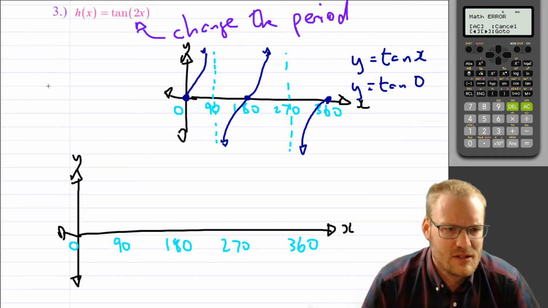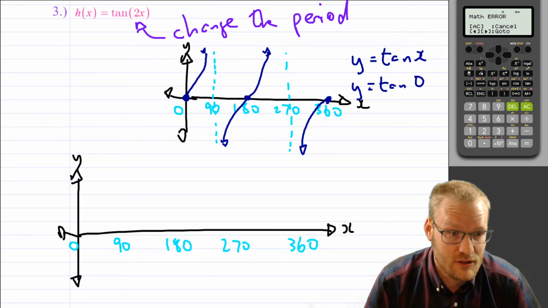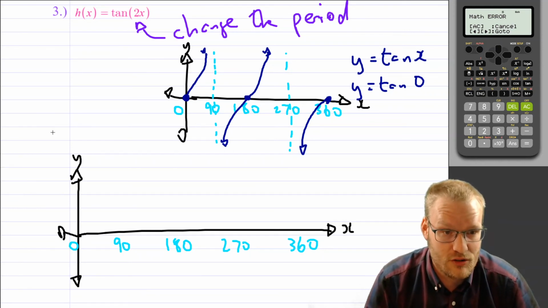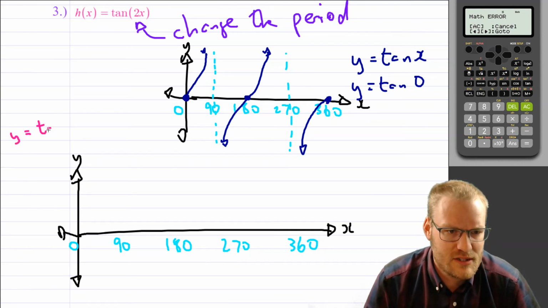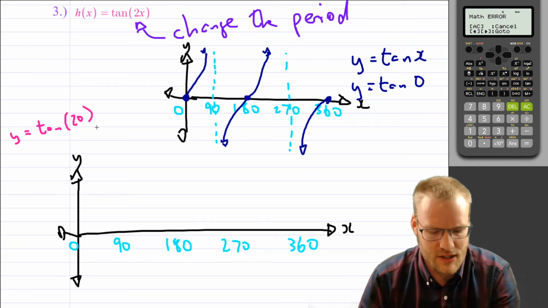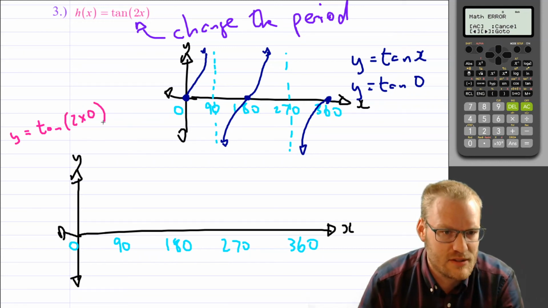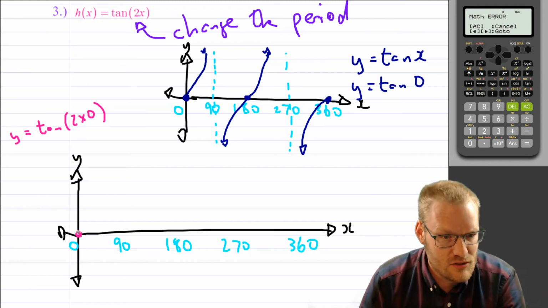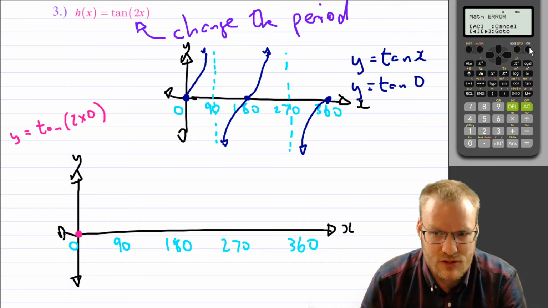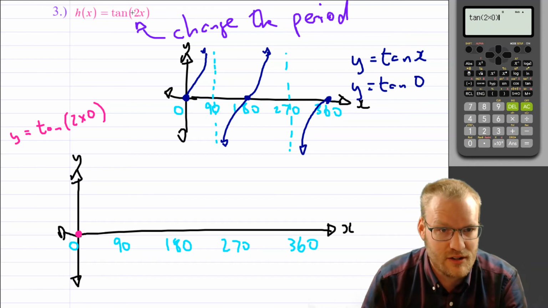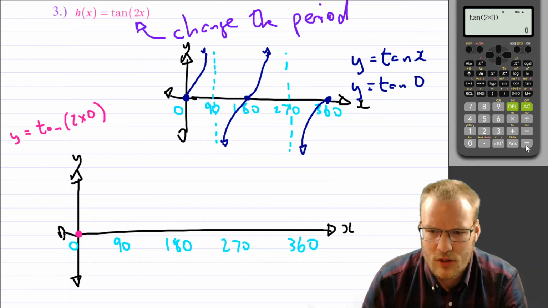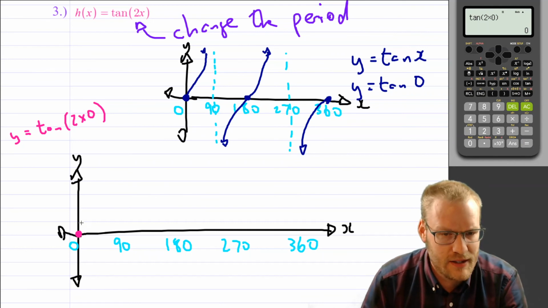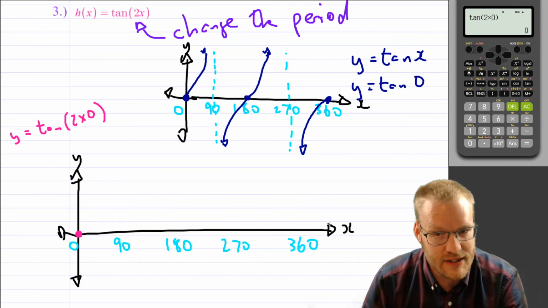So what is tan of 0? So 2 times 0 is just going to be the same as it was, so that's going to be 0. In other words, what is tan of 2 times 0? When we input 0 into our function, what do we get? 0.